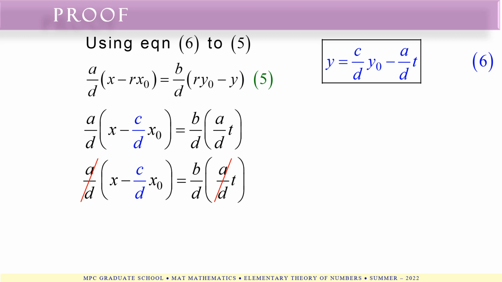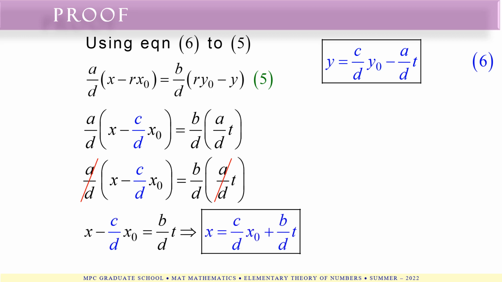Then, cancel a over d on both sides of the equation. So we have x minus c over d times x sub 0 equals b over d times t. Then, transpose c over d times x sub 0 to get the general solution of x. x equals c over d times x sub 0 plus b over d times t. End of proof.